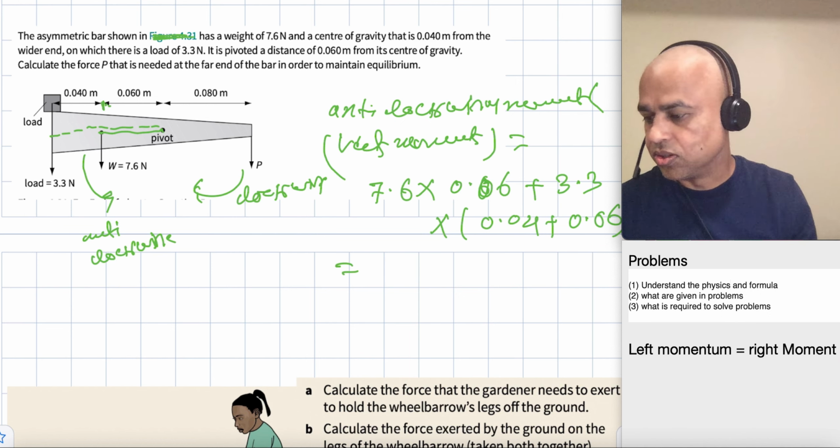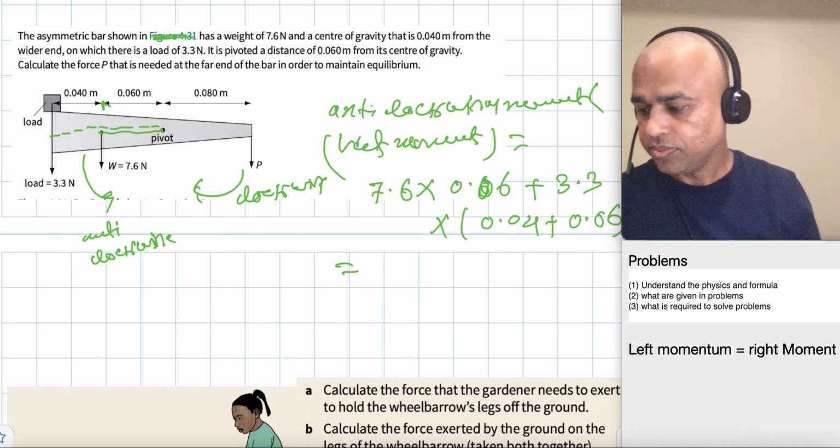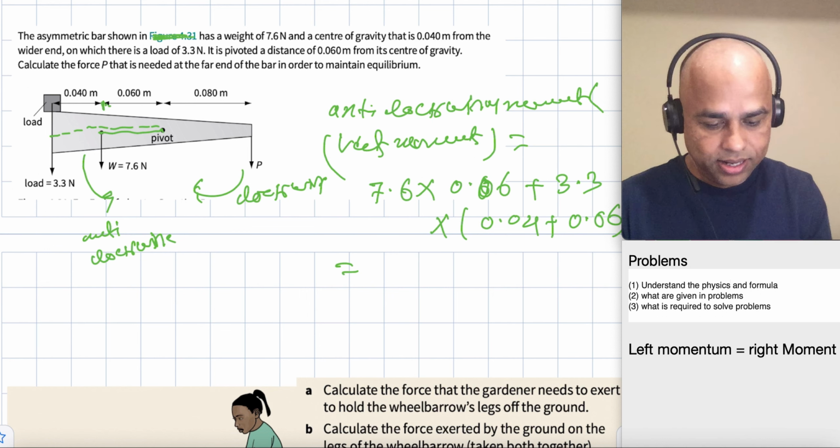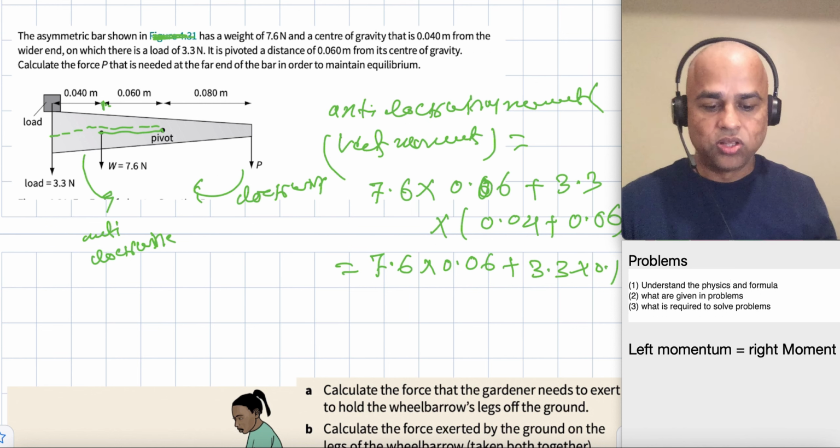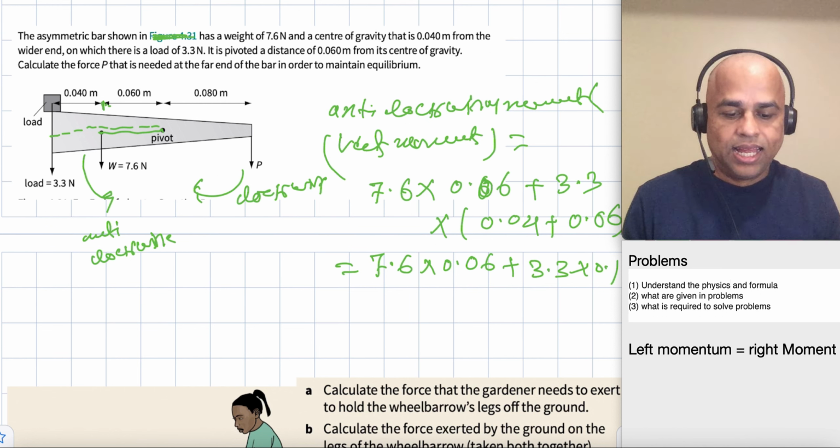That equals 7.6 into 0.06 plus 3.3 into 0.1. This is the left moment.